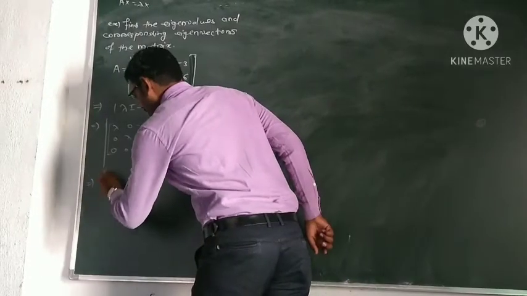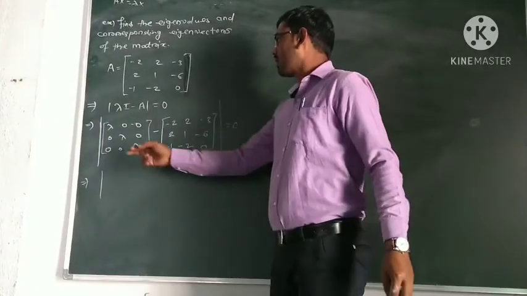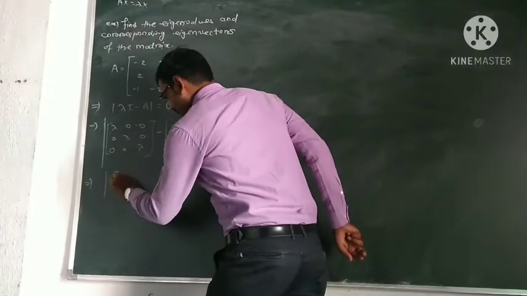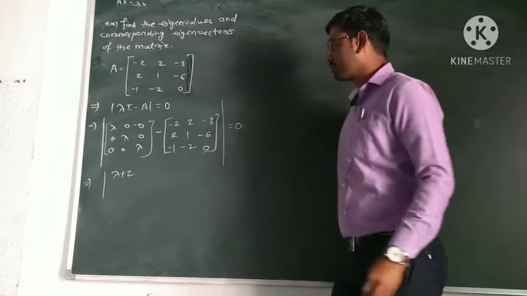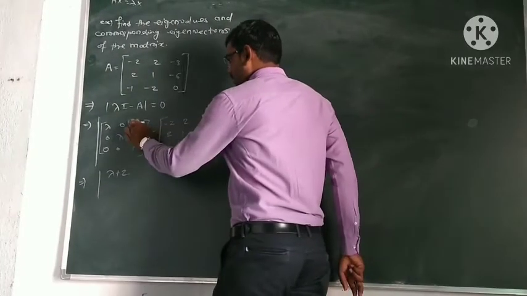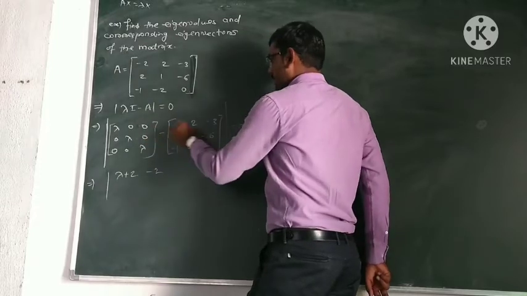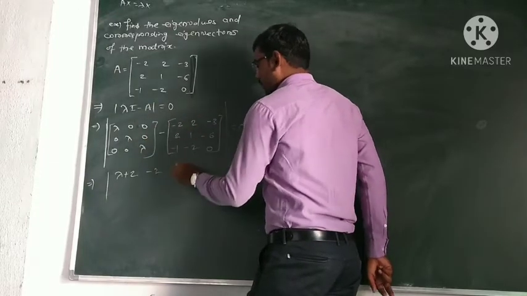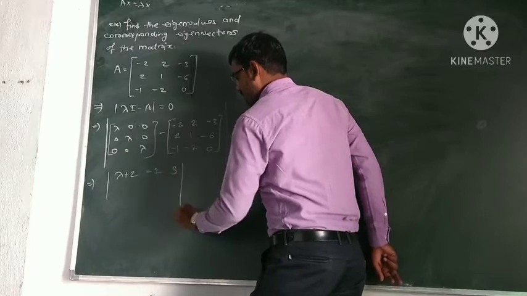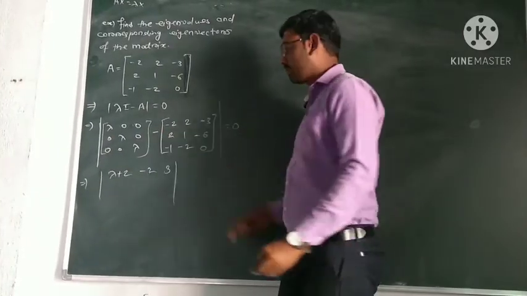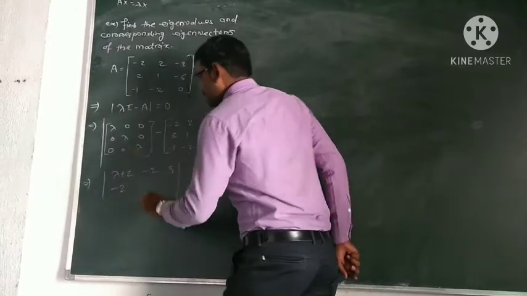This implies determinant of: now lambda minus minus 2, that is lambda plus 2. Then 0 minus 2, so minus 2. Then 0 minus minus 3, so plus 3. Then 0 minus 2, that is minus 2.